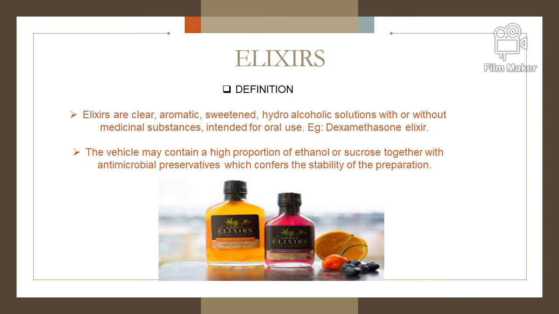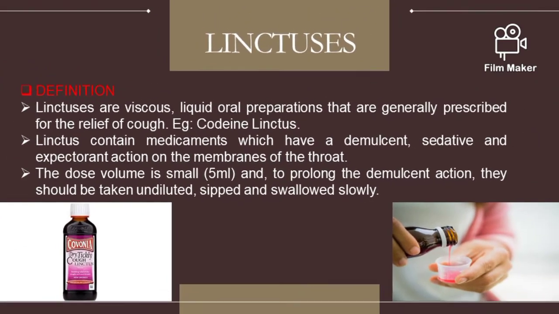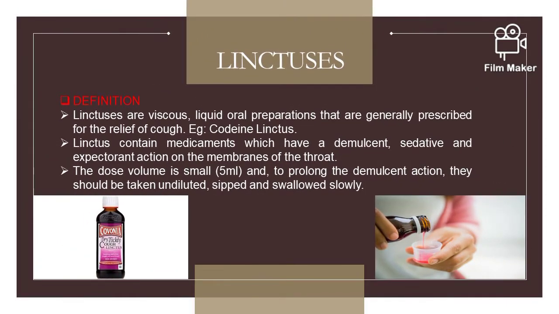Next we are going to see linctuses. Linctuses are viscous liquid oral preparations that are generally prescribed for the relief of cough. Example, codeine linctus. Linctuses contain medicaments which have a demulcent, sedative and expectorant action on the membrane of the throat.